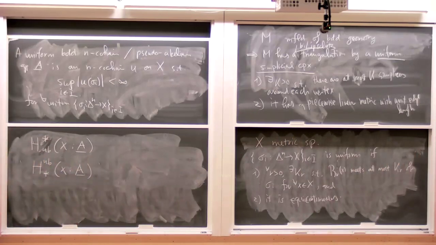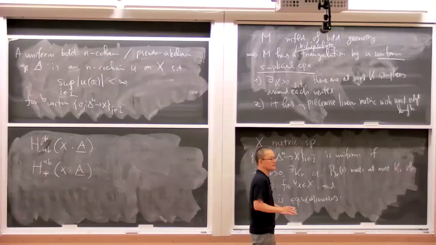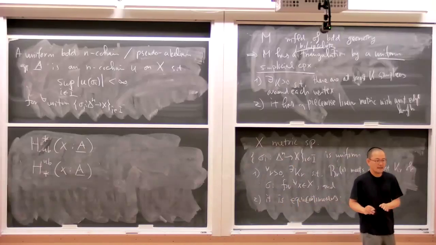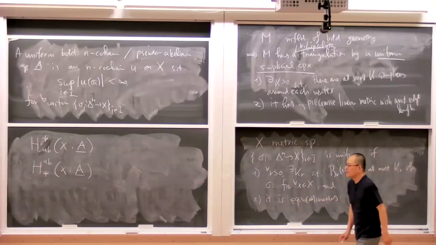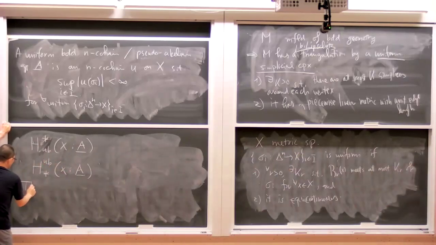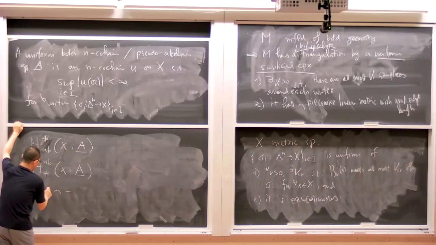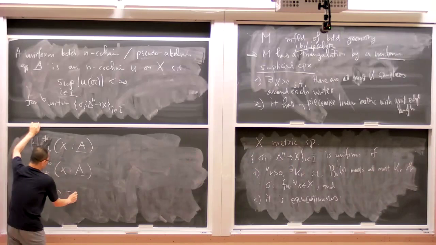So for example, if M is oriented, we can define its fundamental class by the sum of all oriented n-simplices, where n is the dimension of M. And actually, we have the following Poincare duality. Of course, we can define the cap product.